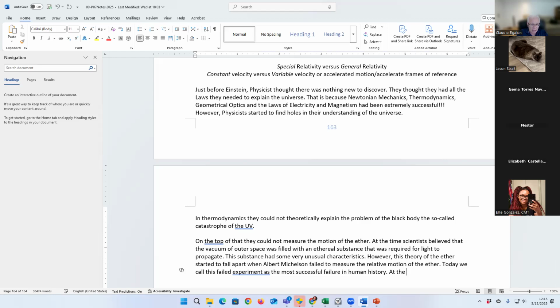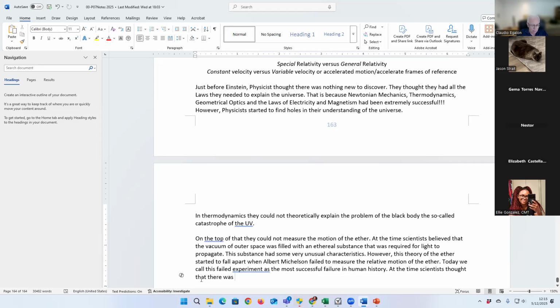Okay, at the time, scientists thought that there was an absolute referential system with respect to which everything else had to be measured, okay?